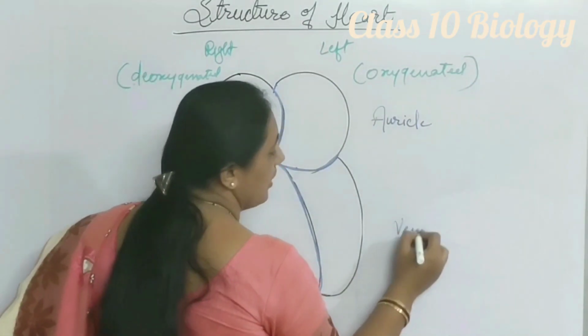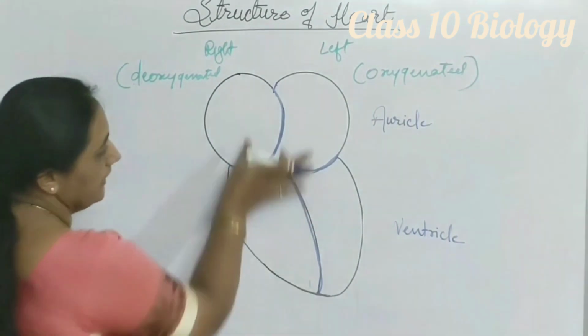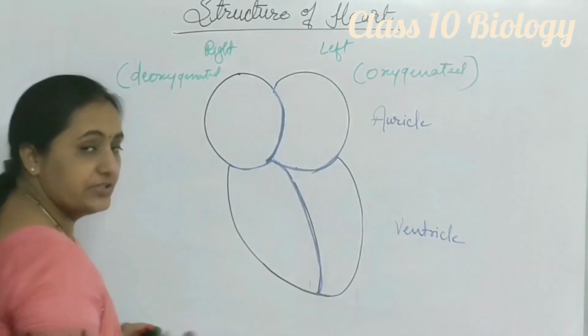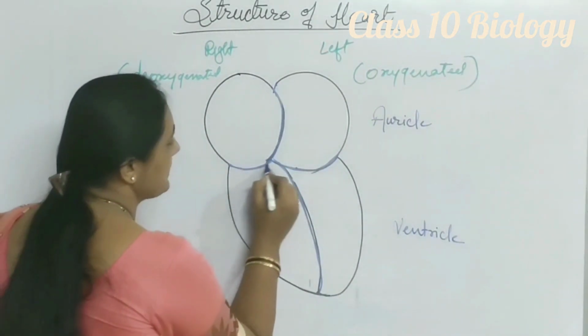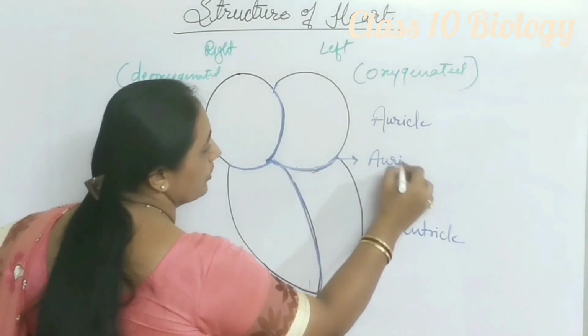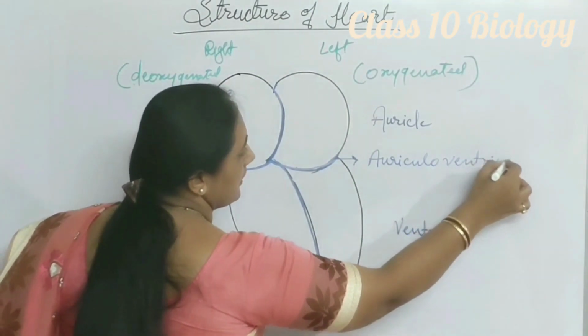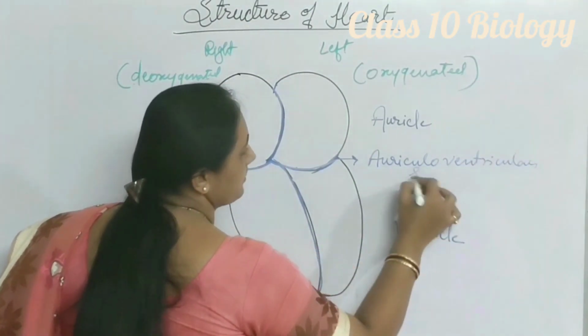The lower part is called the ventricle. Auricles are separated from ventricles with the help of a septum, and this septum is called the auriculo-ventricular septum.